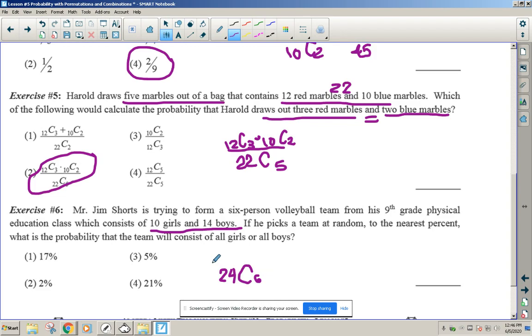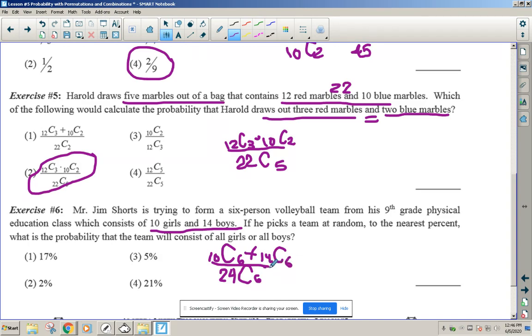Now, what is it that he wants to have on the team? He wants his team to consist of all girls. So he's got 10 girls, and he's going to choose 6 of them. Or, there's my big plus sign, he's got 14 boys where he's going to choose all 6.